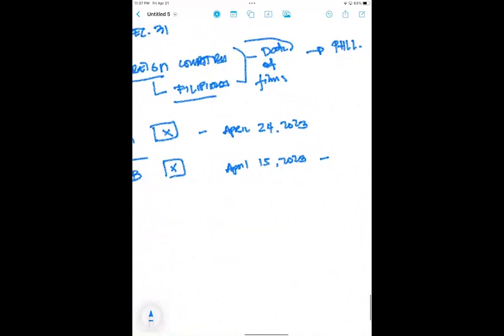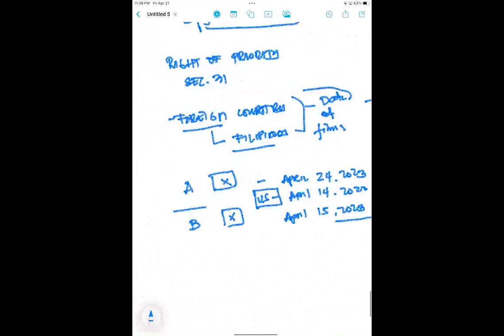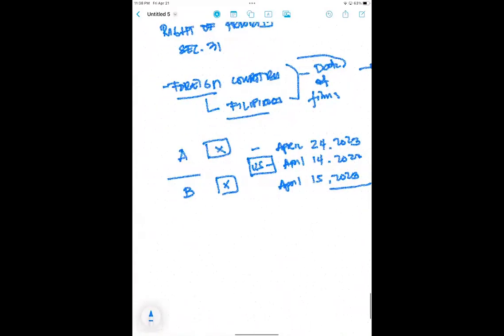But supposing in the given example, A filed in the United States and the problem says that the United States grants the same privilege to Filipinos. And the date of filing in the US is, let's say, for example, April 14, 2023. So that is ahead of April 15. Under the right of priority, then A is entitled to the patent, not B. Okay? So, right of priority versus first to file rule.